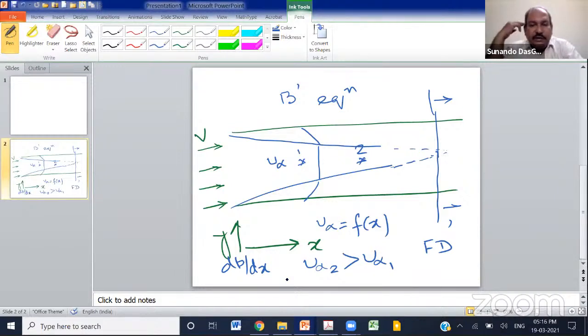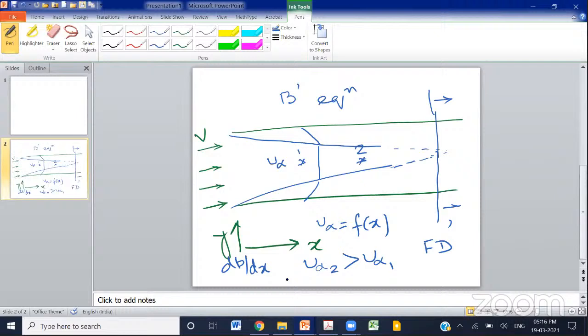Can you repeat the question once again? There are two questions. The first one was: at dp/dx equal to 0, why does the fluid motion cease, and what is the logic behind that? Also, why is the boundary layer separation earlier in the laminar than the turbulent layer?